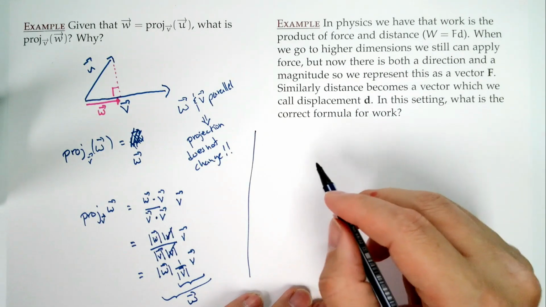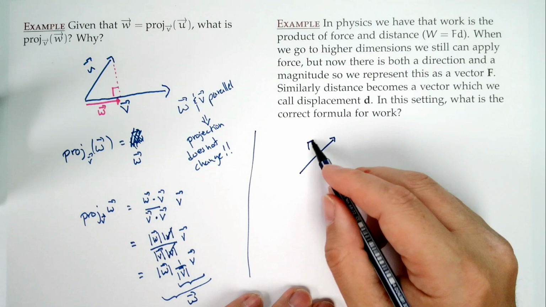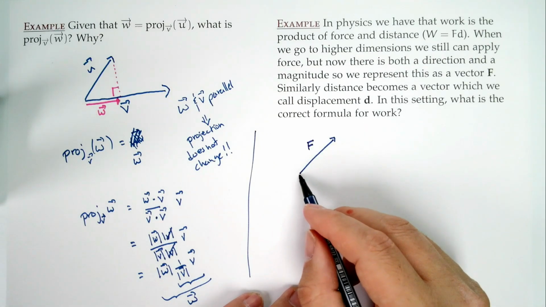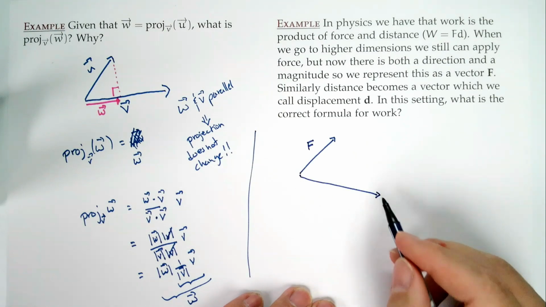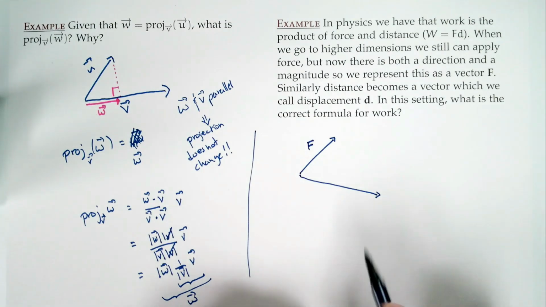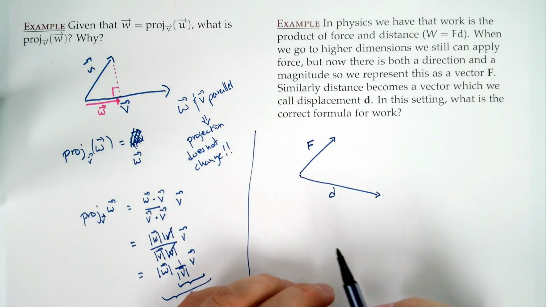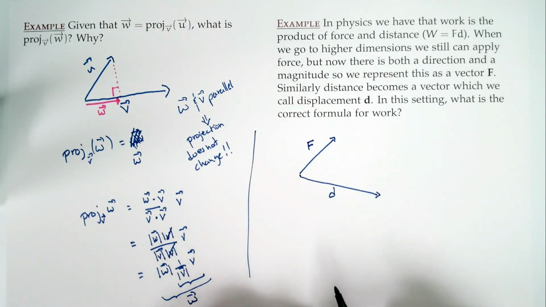Well, think of the picture. Here we go. We have our force vector, and then we have our displacement vector. Maybe it's going in this way. Force is how much force was applied. The displacement is how much something moved. So the question is, what is the work? Let's think about it.